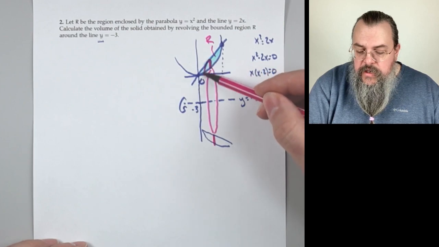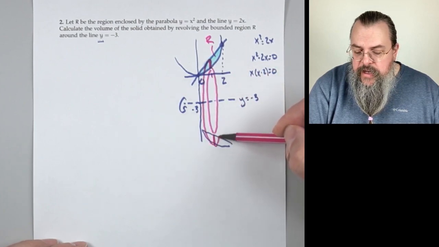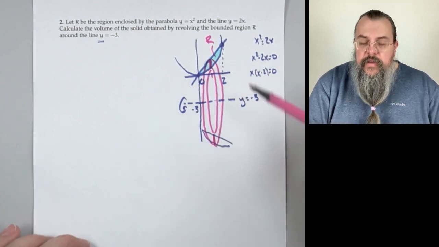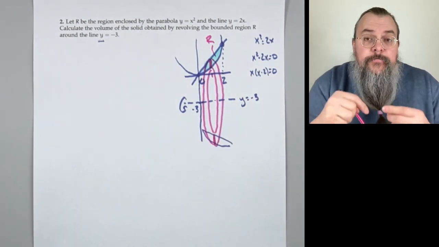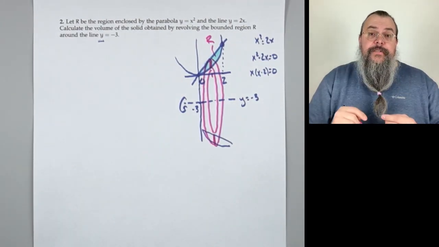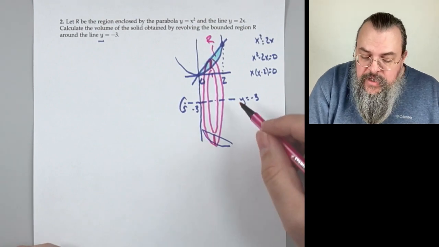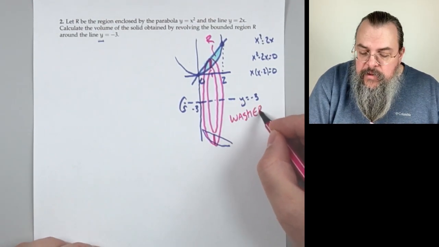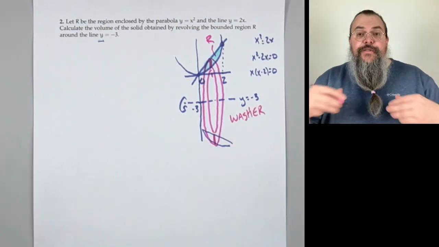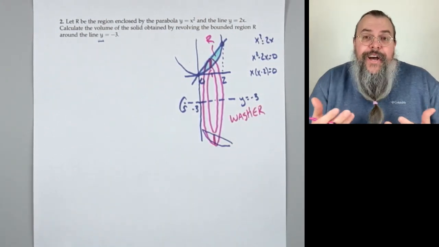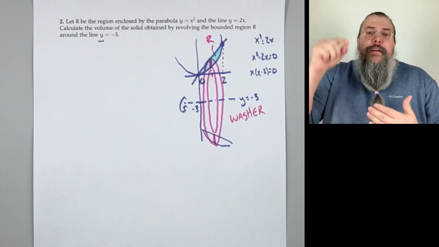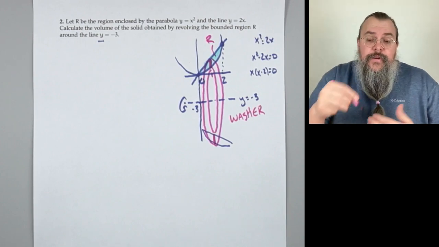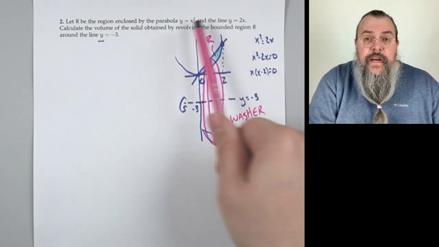And in particular, what's the shape that's coming out? Is it a washer or is it a shell? And this particular one is a washer. So we're going to use our washer method. So when in doubt, if you're like, wait, which technique do we use? Think about how you slice. You know, my functions of x are functions of y.